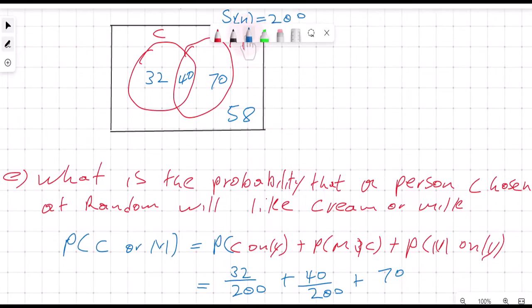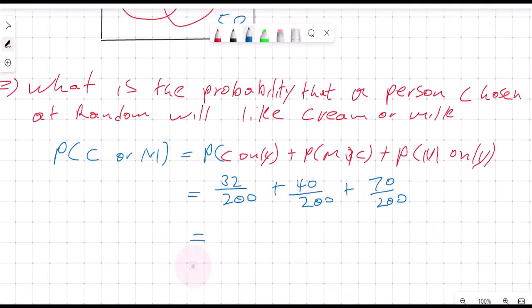Then you check your calculator, what do you get? 71 over 100. That's correct. That's 71%, which is 0.71. Your probability must be between 0 and 1. Remember that.